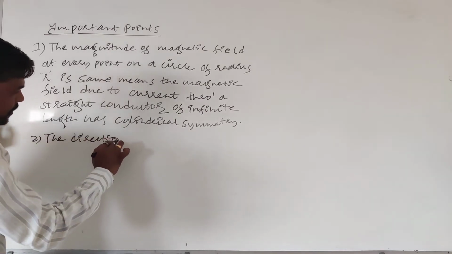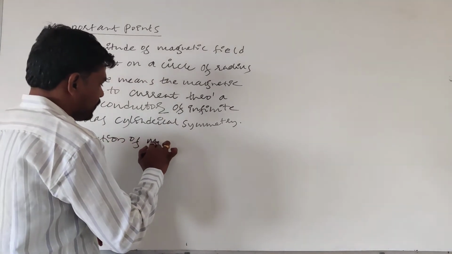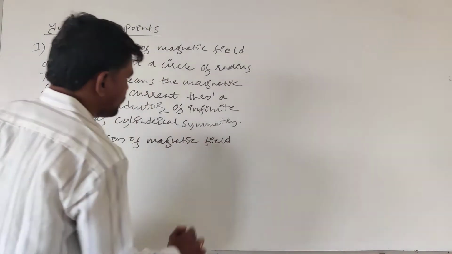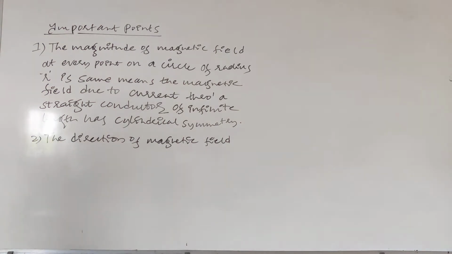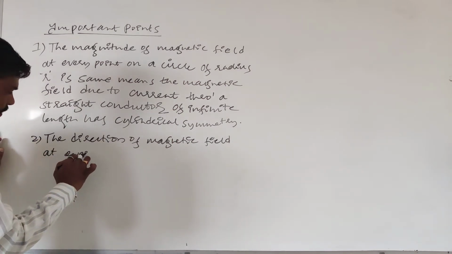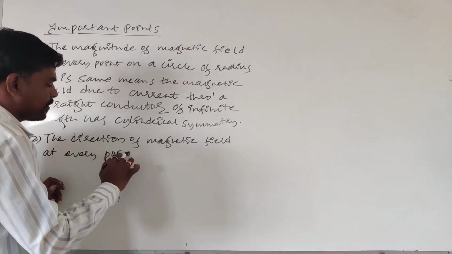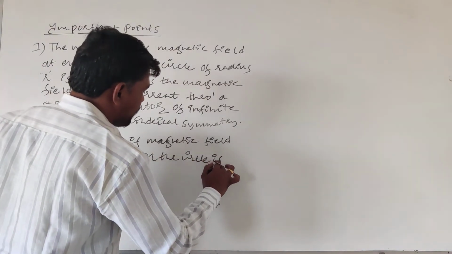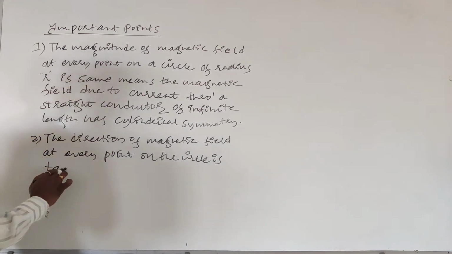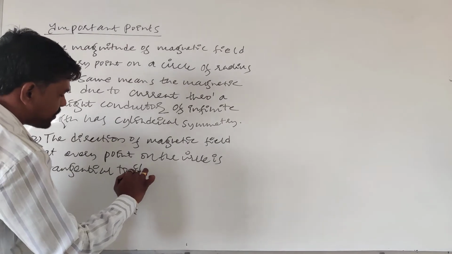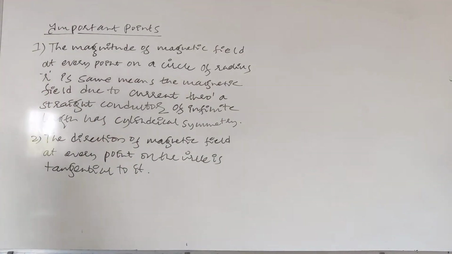The direction of magnetic field at every point on the circle is tangential to it.